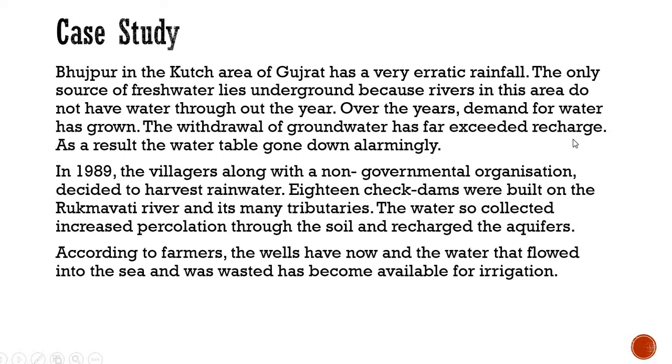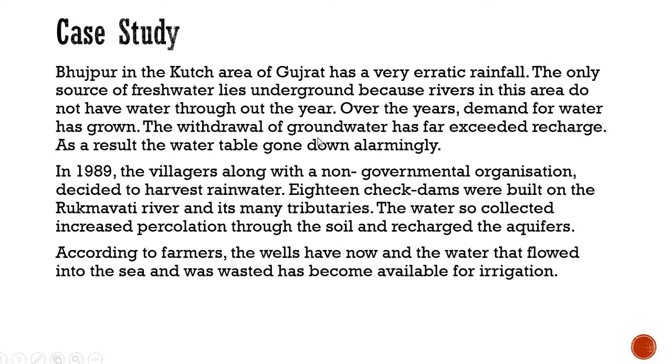Year by year, the population increases in this area, so demand for water has also grown, and more groundwater has been extracted. If groundwater is extracted in a heavy amount, then the recharge of the groundwater doesn't happen.